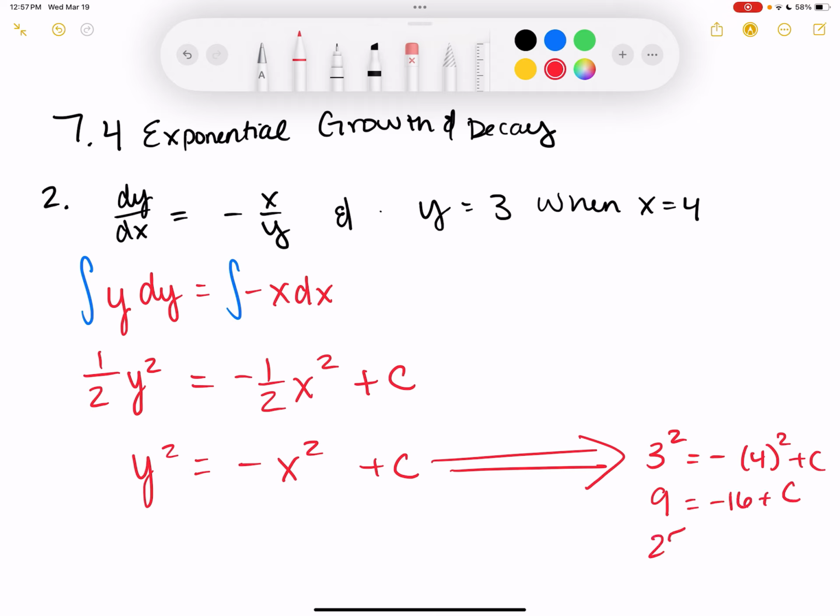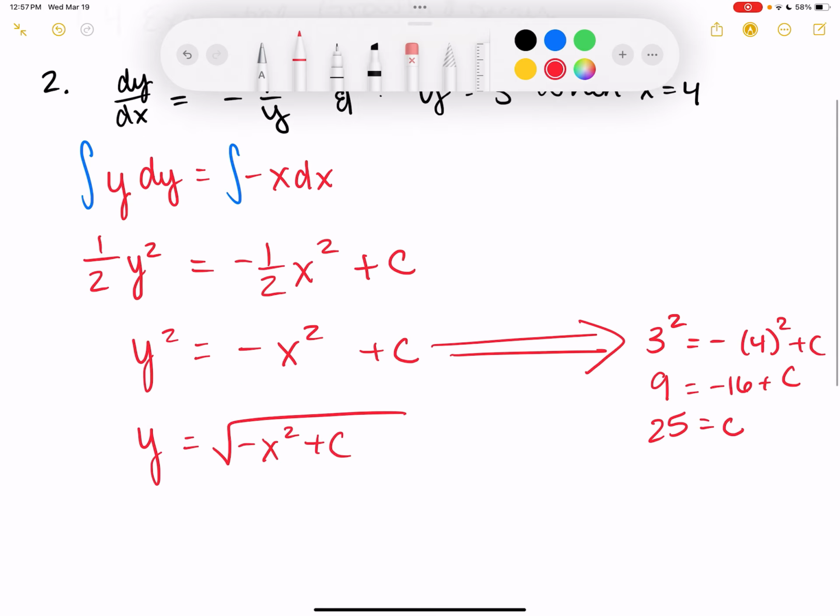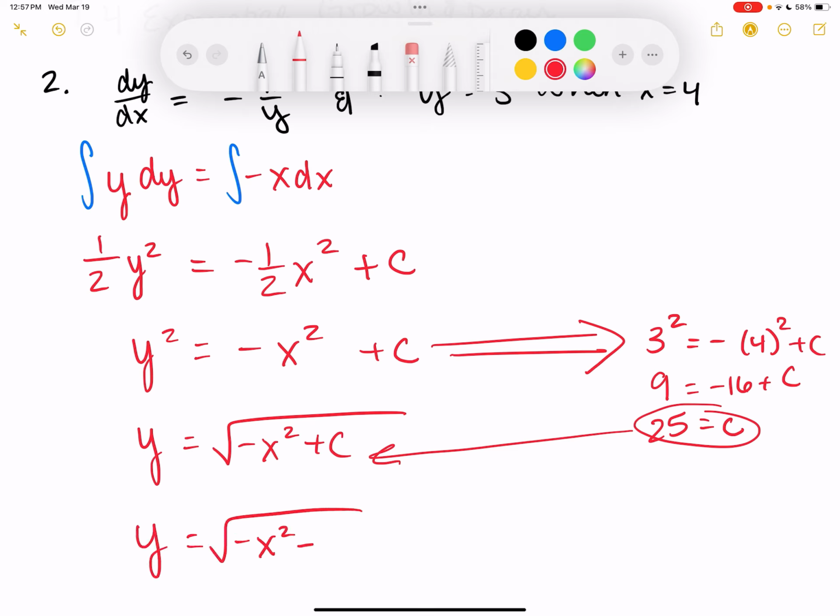So 25 equals c. And so then over here, when I get y by itself, y would be equal to the square root of negative x squared plus c. I can now replace c with 25. And that will give me y equals the square root of negative x squared plus 25.